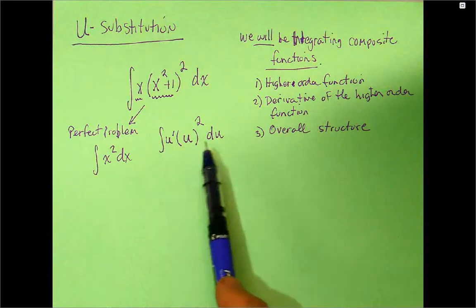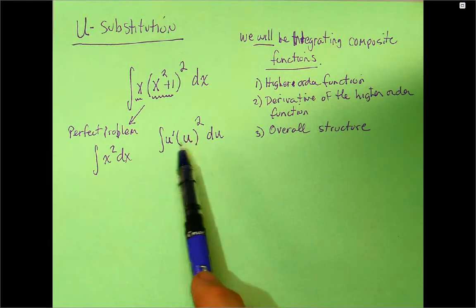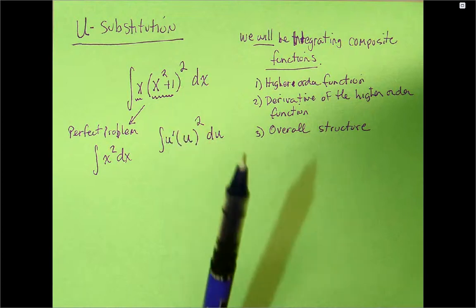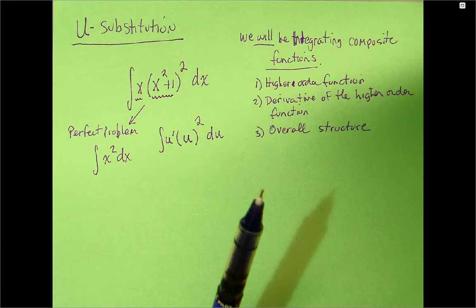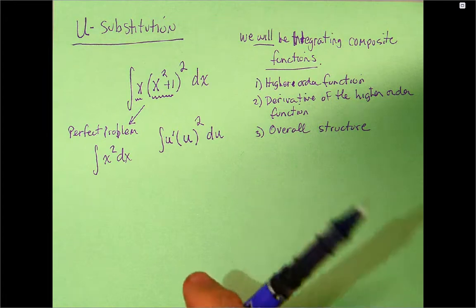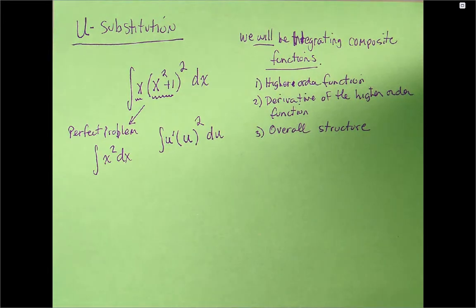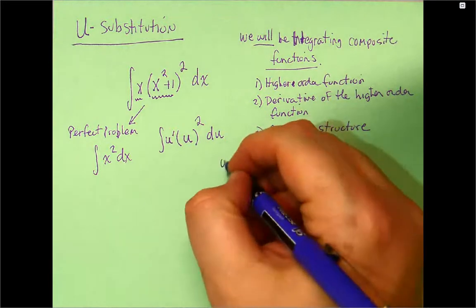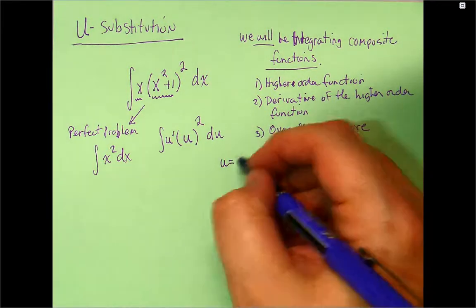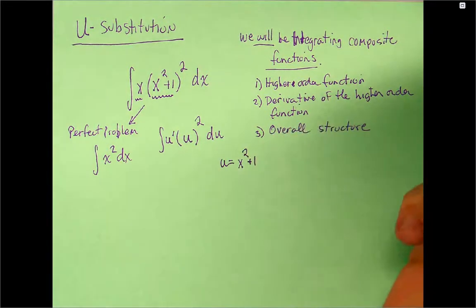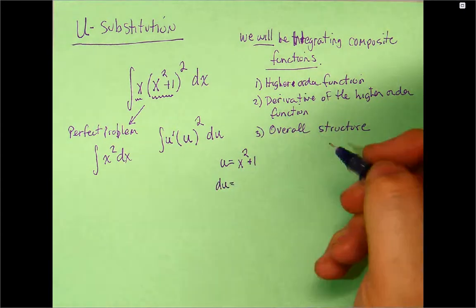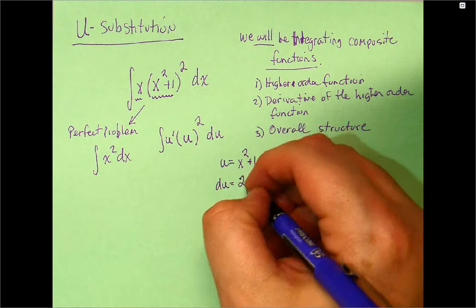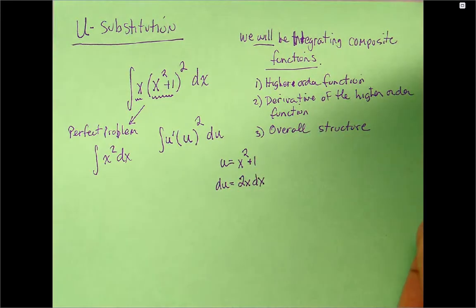The derivative of the x squared plus 1, which is what rule from derivatives? Chain rule. What would be u? x squared plus 1, wouldn't it? Now what would be du? 2x dx. So it's that idea of implicit differentiation.